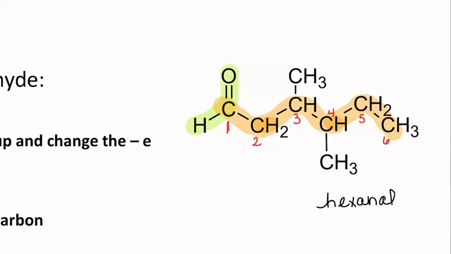What we really need to put is the substituents that are here. So based on your knowledge of how to put substituents, put in the chat, what will be the way that we name these substituents? Great job in the chat, you guys.